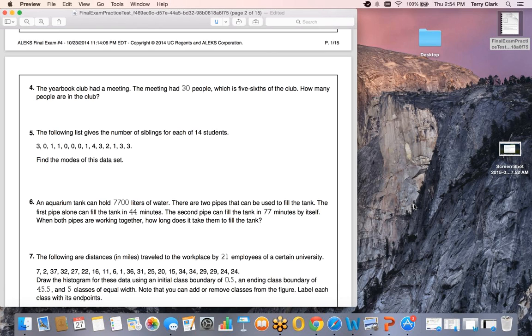30 equals 5/6 times C, or 5/6 of C. Of means to multiply. From there, everybody knew that we could use the reciprocal, so we go 6/5 times 30 equals, and we do the same thing on the other side, 6/5.